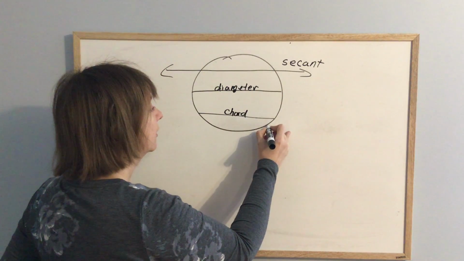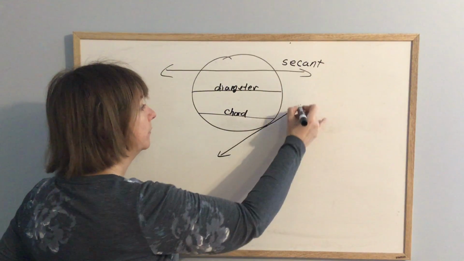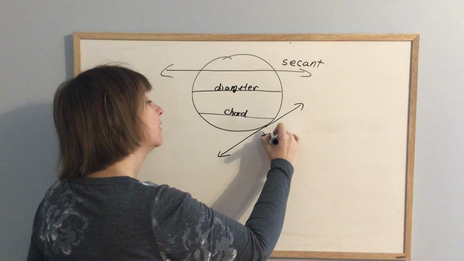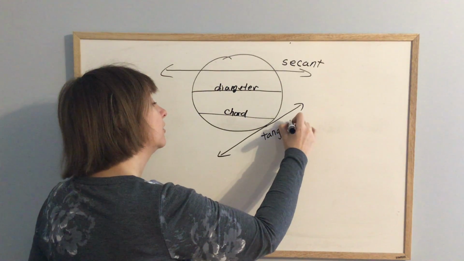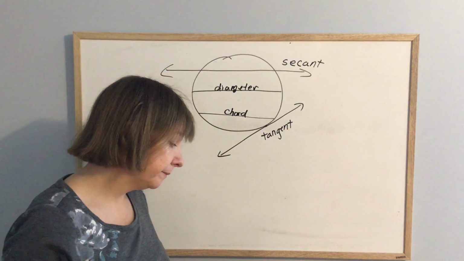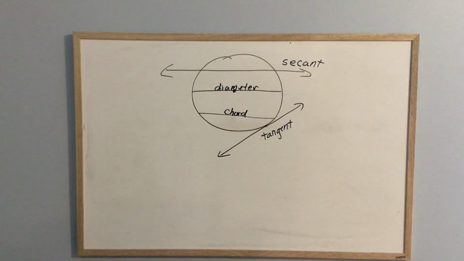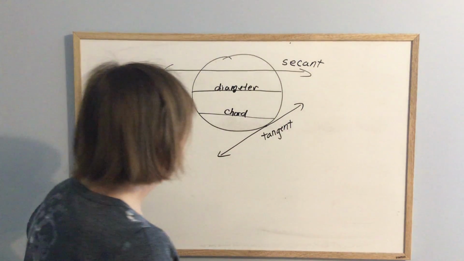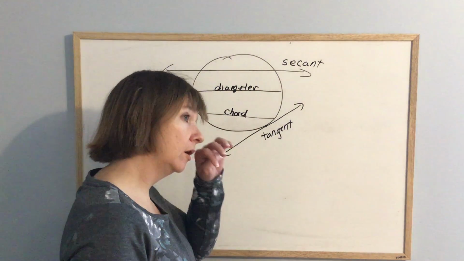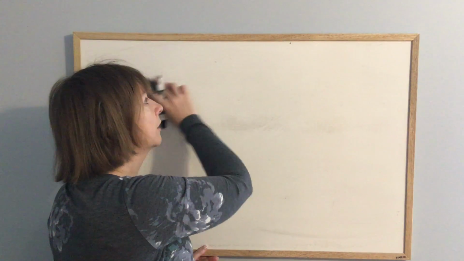If you have a line that touches the edge of the circle in only one spot, that is actually called a tangent line. All right, so they're going to start using those terms, so you need to know what they mean.